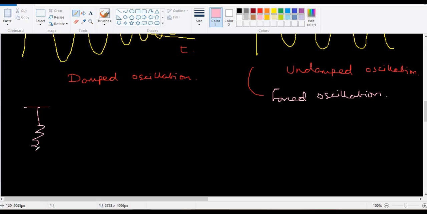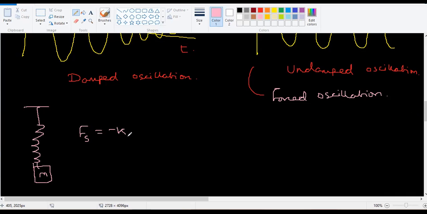Imagine that I have a spring. I have a mass here. As I make it oscillate, what will happen? You have studied that the force of the spring is equal to minus kx. Here k is the spring constant, and the minus sign means: if I pull it this way, the spring is going to pull it back this way.